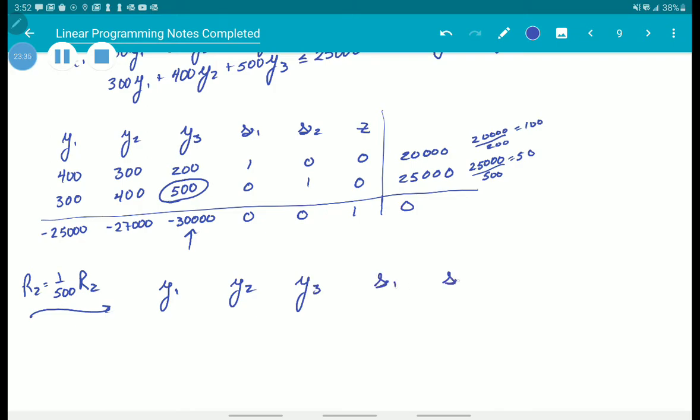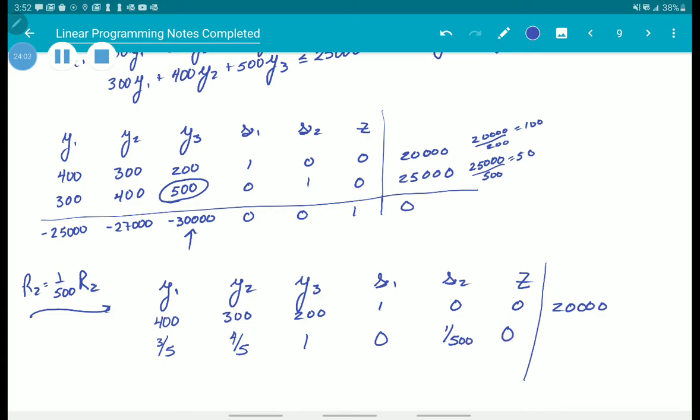I'm setting my table up. The other two rows are going to stay the same, so I'm going to go ahead and copy down row 1. So this is going to be 3 over 5, 4 over 5, 1, 0, 1 over 5, 100, 0, and 50.